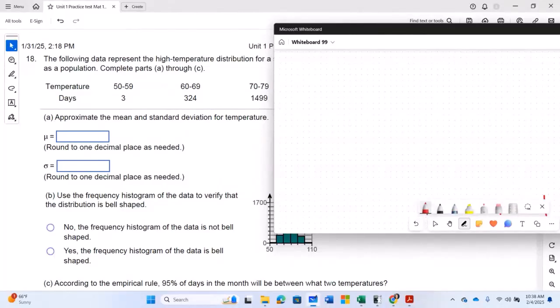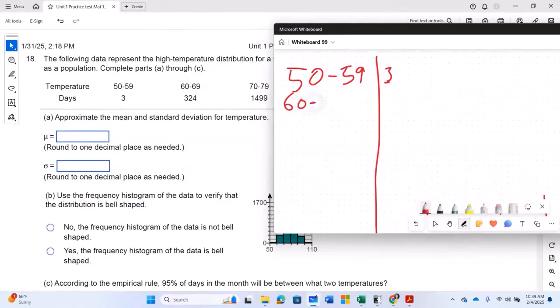This group data is horizontal. So the first class is 50 to 59, and the frequency is 3. I know we did it before, but it won't hurt to do it again. The next class is 60 to 69.